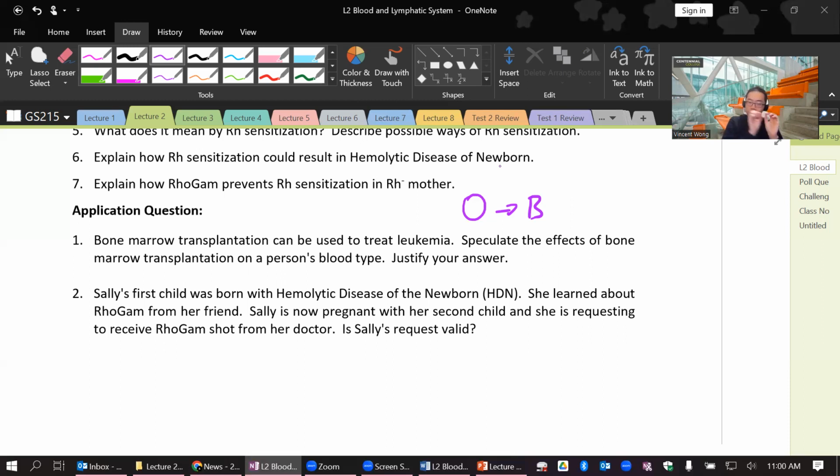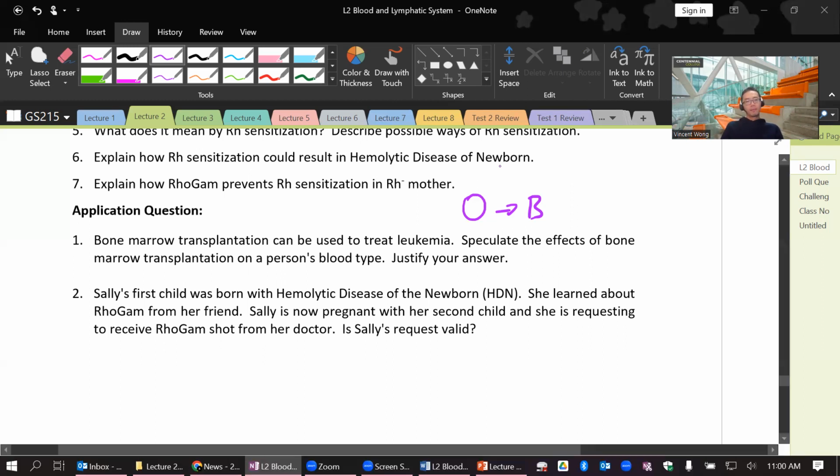Now, there is another subtle hidden thing in this question that you might have missed. Let's read the first sentence again. Sally's first child was born with hemolytic disease of the newborn. How exactly would that happen, though? Based on what I explained to you, it was the second baby that could have had a problem, right? But how come in this case the first child is experiencing hemolytic disease of the newborn?